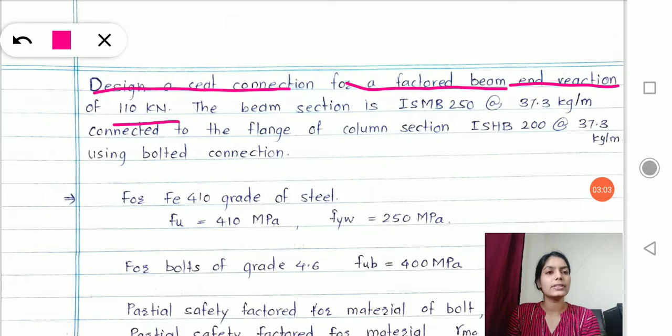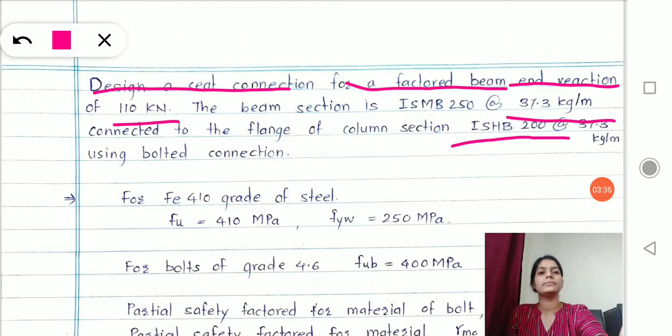The beam section is ISMB 250 at weight 37.3 kg per meter, and it is connected to the flange of a column of section ISHB 200 at 37.3 kg per meter, using bolted connection. So we are using bolted connections here.